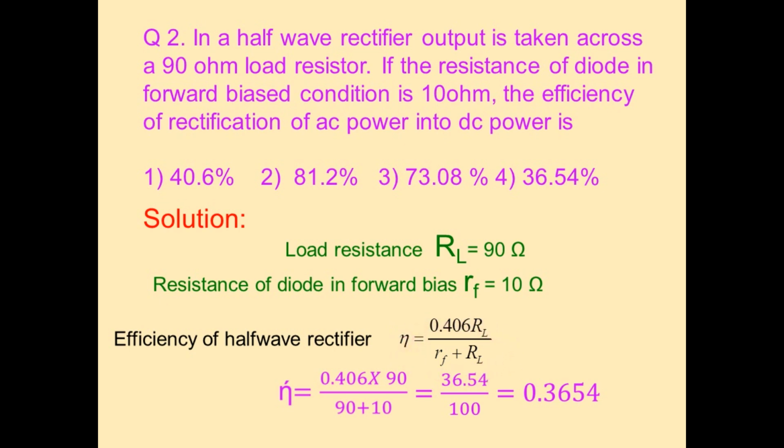So eta equal to 0.406 into 90 by 10 plus 90, which is 36.54 by 100, 0.3654. This is the efficiency of half wave rectifier.